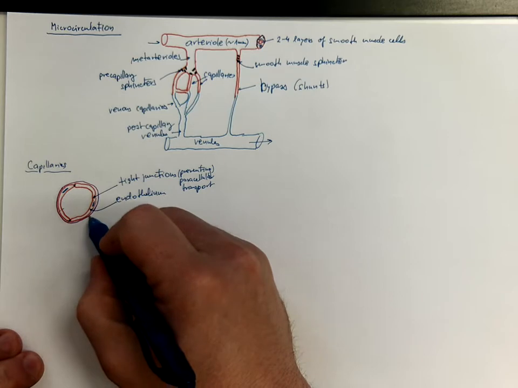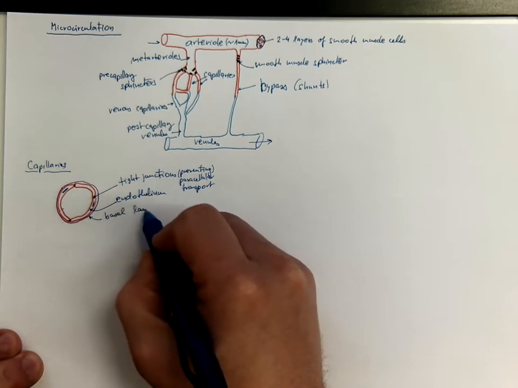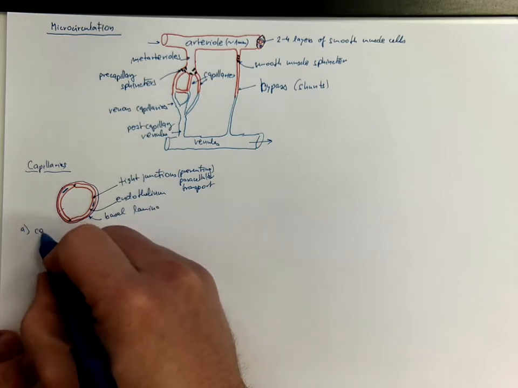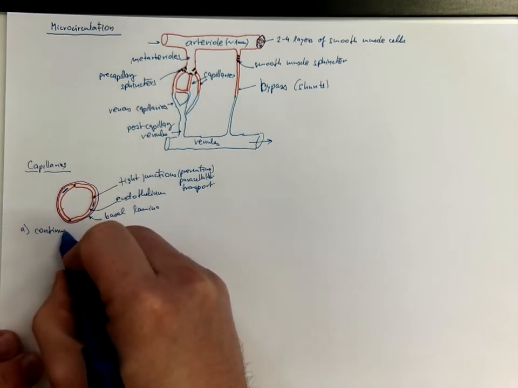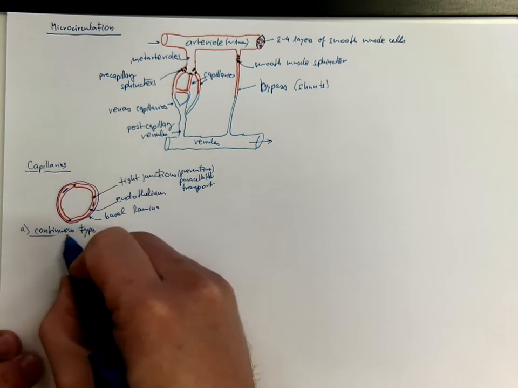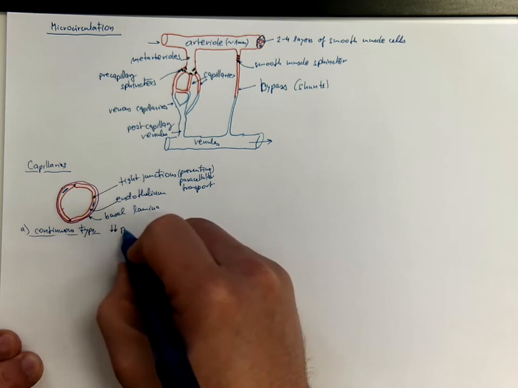There is a continuous basal lamina here. This type of capillaries is called continuous type. And it is the type with the lowest permeability.